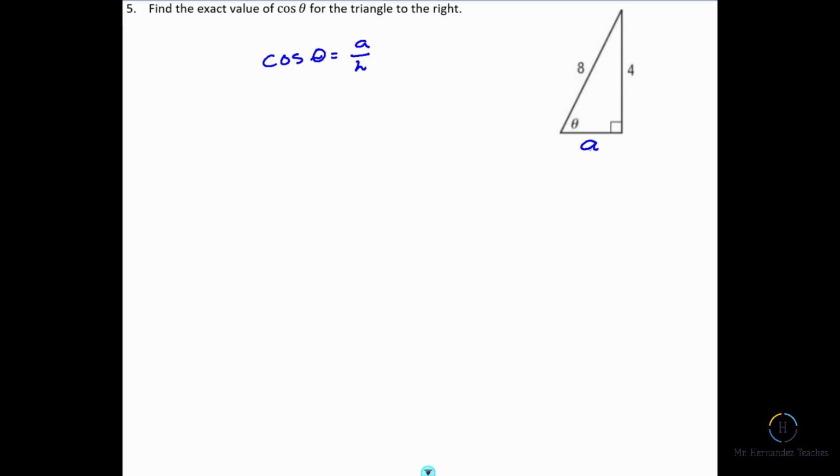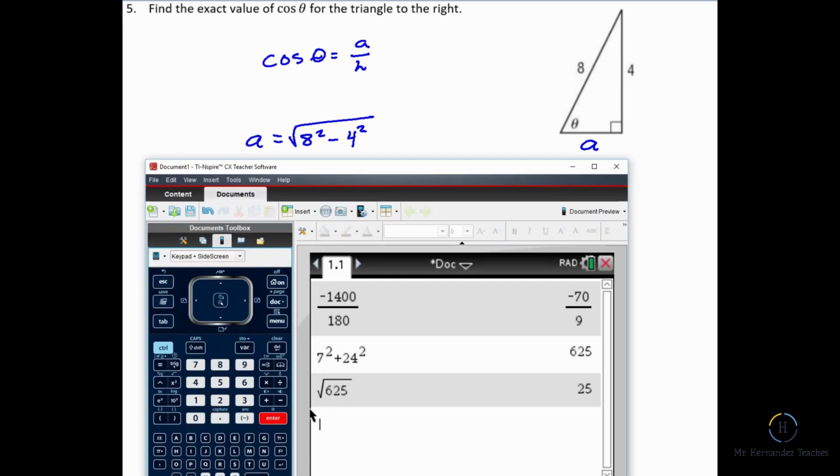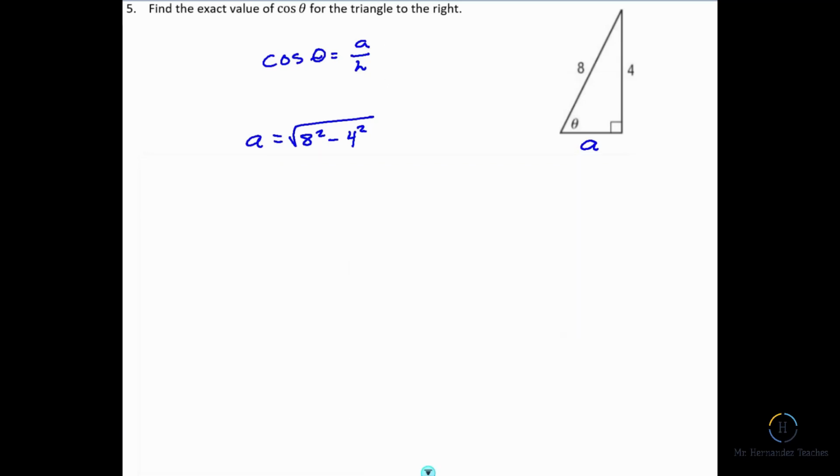We're missing this adjacent side, so using the Pythagorean theorem again, we'll figure out that A is equal to the square root of 8 squared minus 4 squared. So let's see what we get for that. 8 squared minus 4 squared, that's 48, and we'll probably have to simplify some of that.